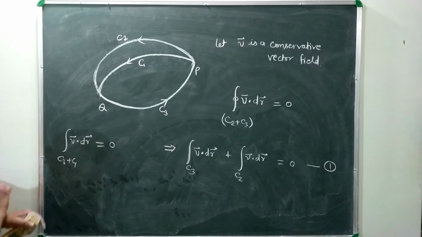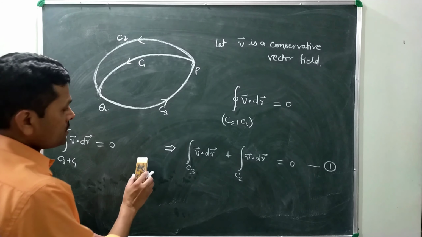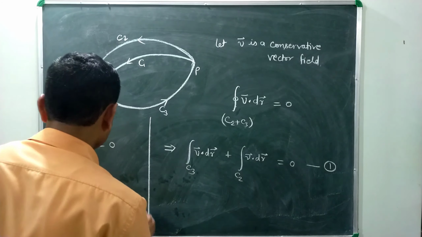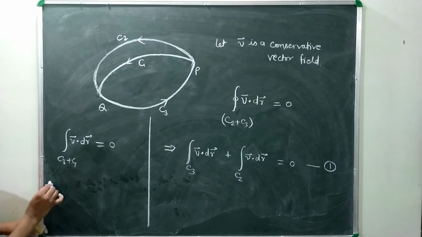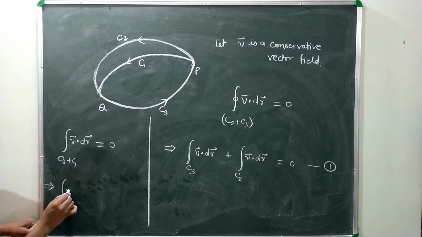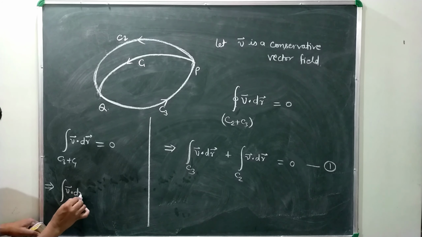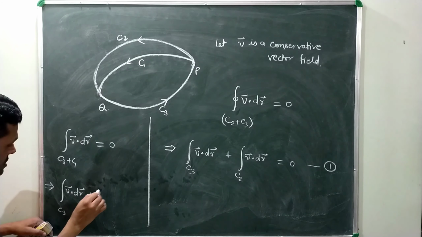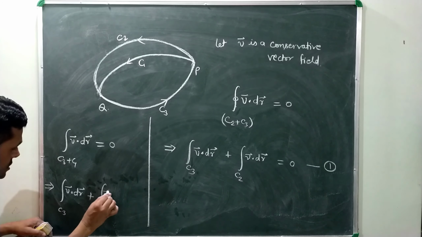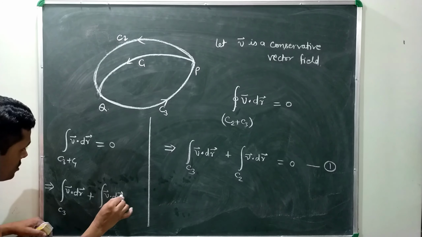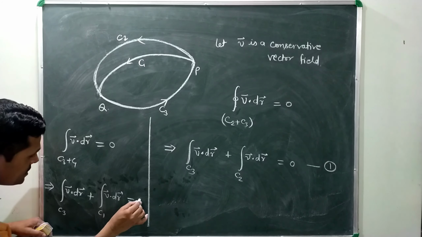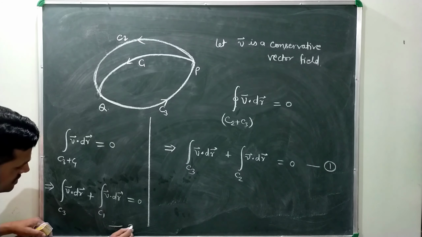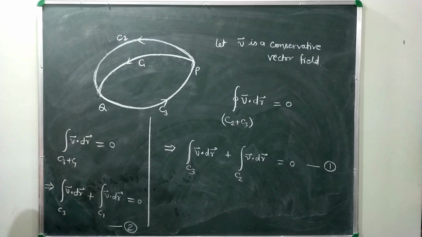This will be 0, and this will give you the result that the line integral of vector V along C3 plus the line integral of vector V along C1 will be equal to 0. Say this is your equation number 2.